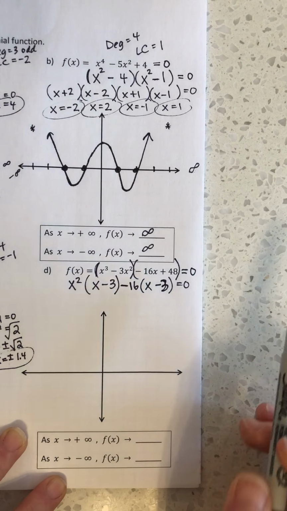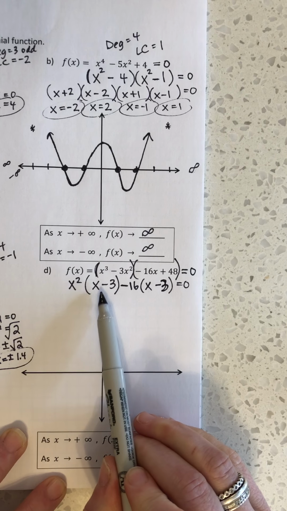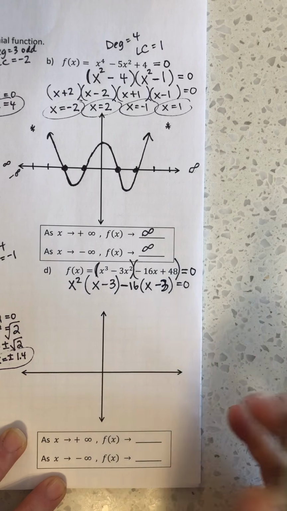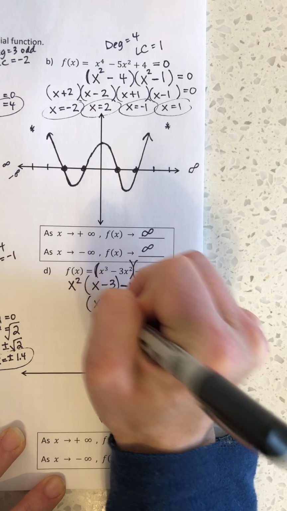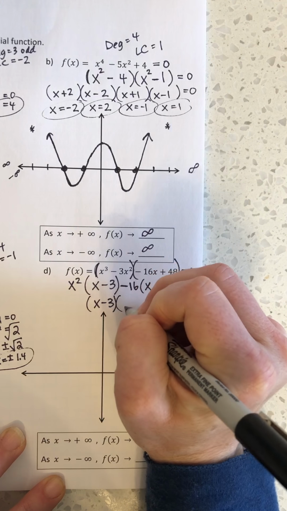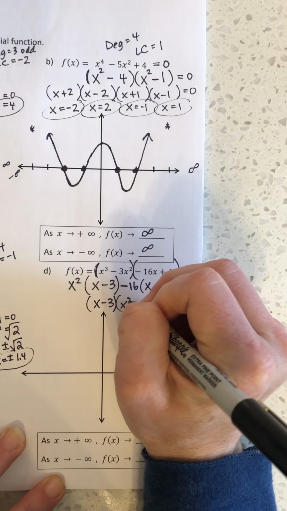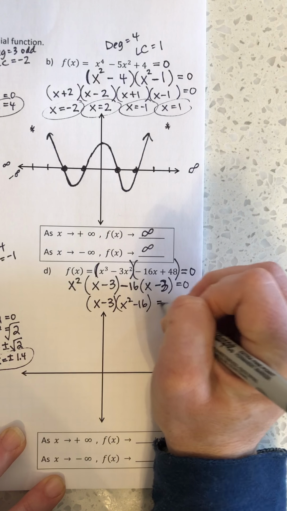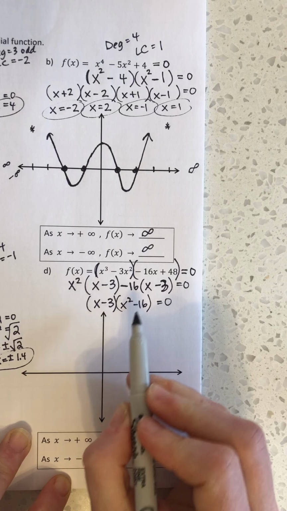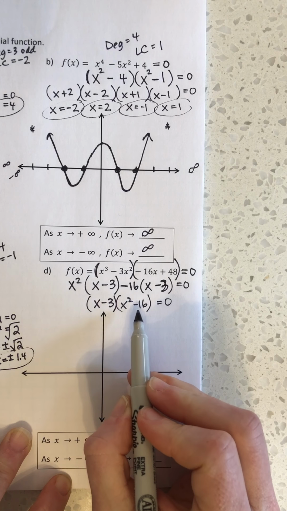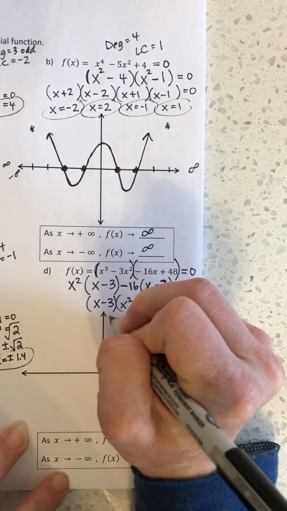So factor by grouping worked, because remember, factor by grouping only works if you end up with that matching factor. So one factor is x minus 3, the one that matched, and the other factor is what we pulled out, x squared minus 16. Now you could set them equal to 0 and solve right now, and you could use square roots for this one, or you should recognize that it's the difference of 2 squares, and it'll factor again really, really quickly.